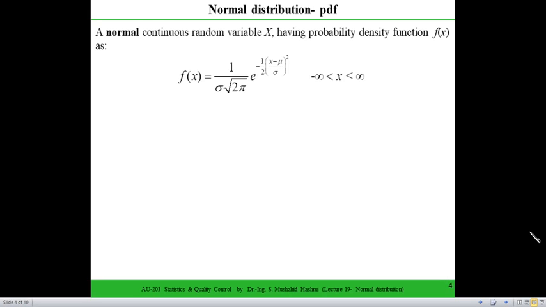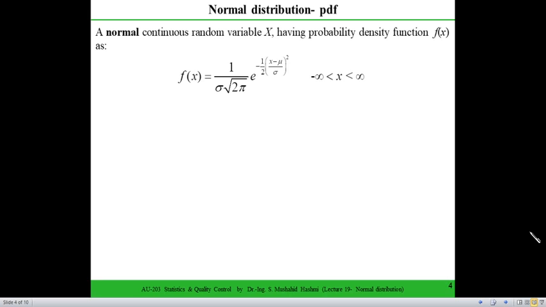Okay, as we already know, the probability density function is a mathematical function, and if you provide a value of a random variable, this mathematical function gives you the probability of that random variable.